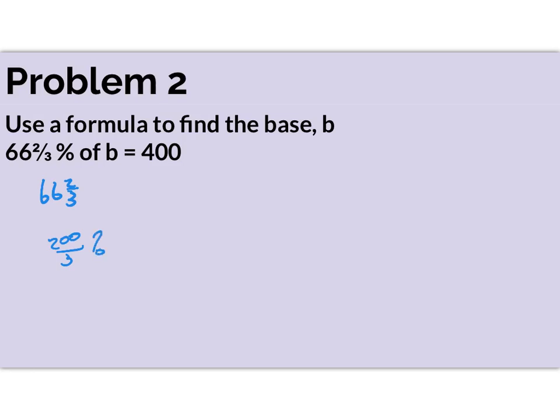Then we still have percent, so we have to divide that by 100. So 200 over 3 divided by 100 over 1 becomes 200 over 3 times 1 over 100, which becomes, the hundreds cancel out, 2/3.